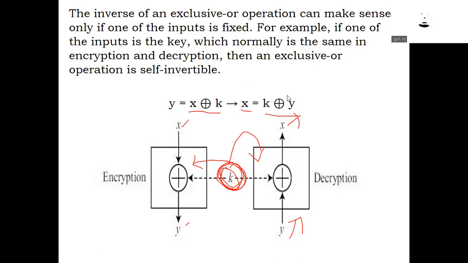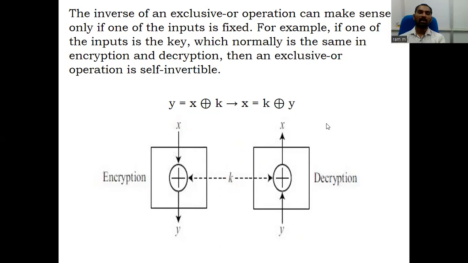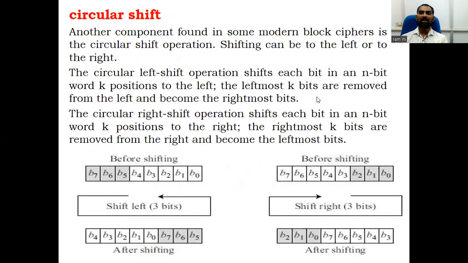So always remember, the exclusive OR operation is self-invertible if we fix one input. In encryption and decryption, the input that we fix is K.